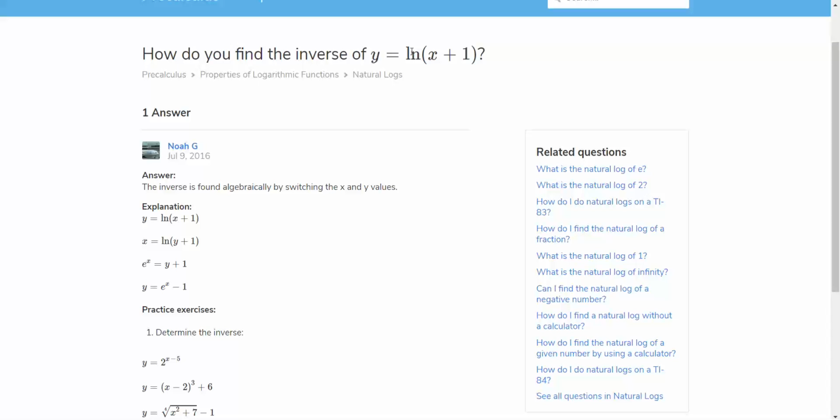So we know that this is y. The inverse of ln is e to the power of x.